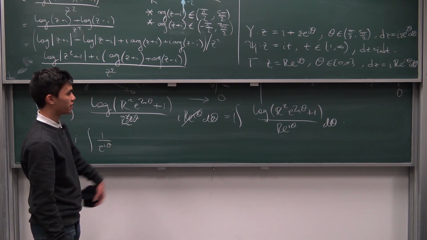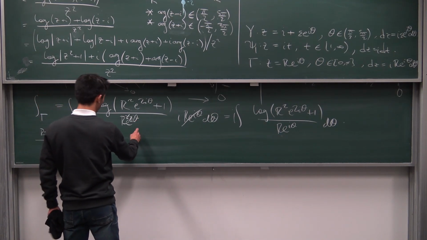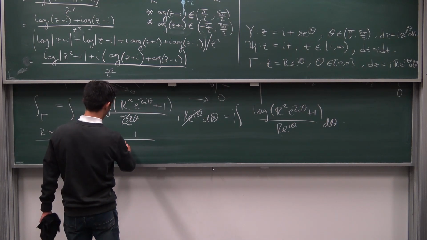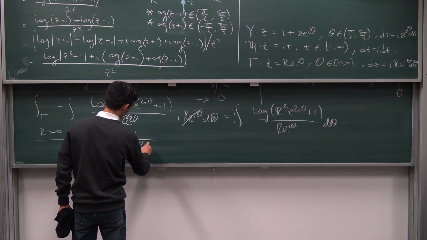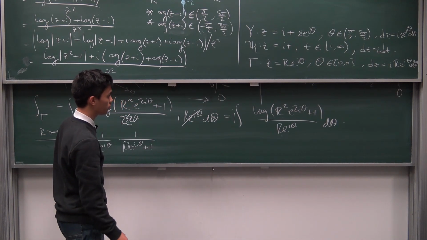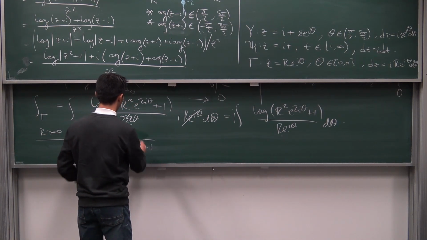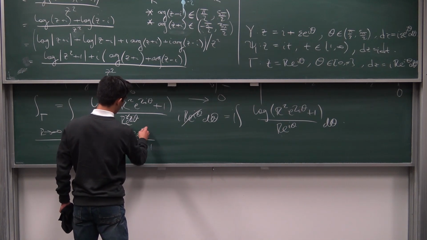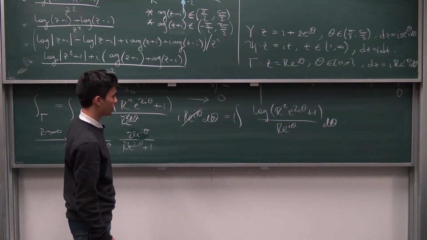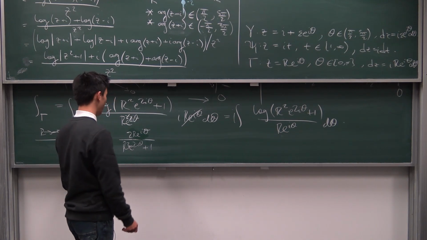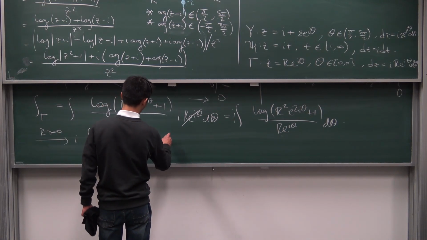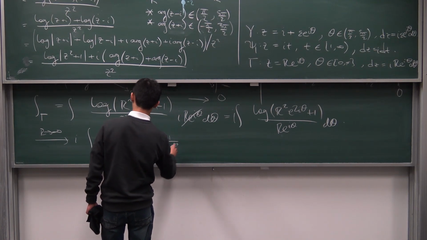If you differentiate the top there, you're going to get 1 over r squared, and then e to the 2I theta, plus 1, and then because of chain rule, you also have, I believe that's 2r, and some e to the I theta here as well. And then if you differentiate the denominator, that is going to be e to the I theta. So we have 1 over e to the I theta.